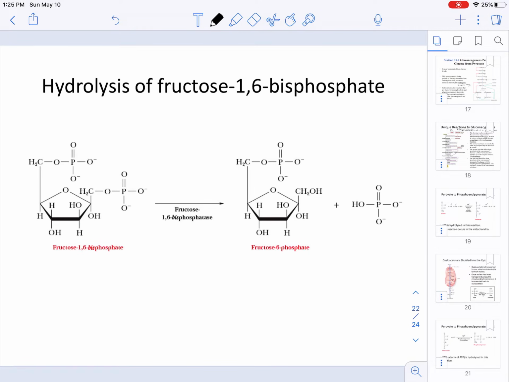Once the phosphoenolpyruvate gets all the way to the fructose 1,6-bisphosphate, we need to convert fructose 1,6-bisphosphate to fructose 6-phosphate. Because we need to remove a phosphate, we are going to be utilizing a phosphatase enzyme, meaning a hydrolase, to remove that phosphate from our substrate.